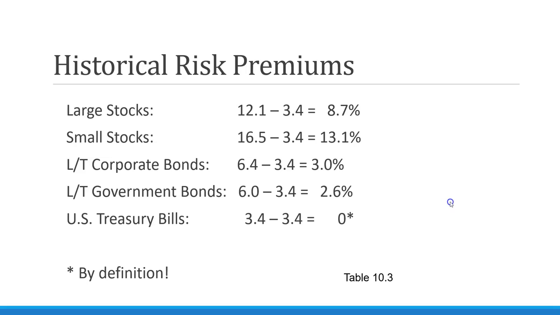When we look at historical risk premiums, this is comparing them to the US Treasury bills. So the US Treasury bills have zero risk. Large stock companies, remember those are the 500 stocks on the S&P, top 500, as compared to US Treasury bills have a risk of 8.7%.